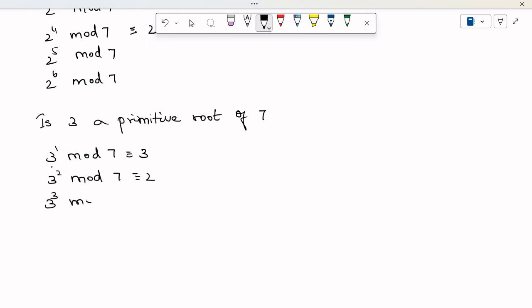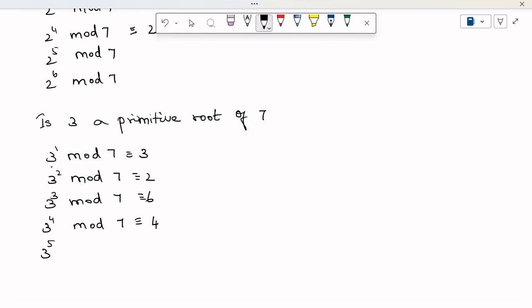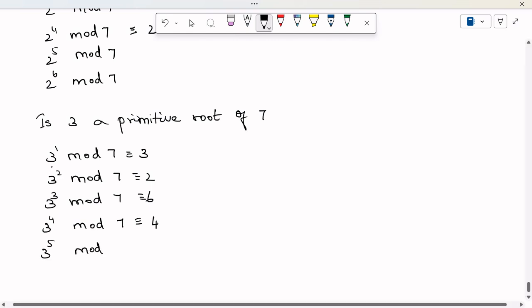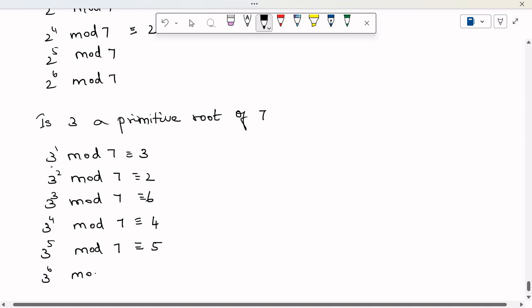3 cube mod 7 is 27 mod 7, which is 6. 3 power 4 mod 7, you can check it out, you will get 4. 3 power 5 mod 7, you will get the value 5. 3 power 6 mod 7, the value is 1.